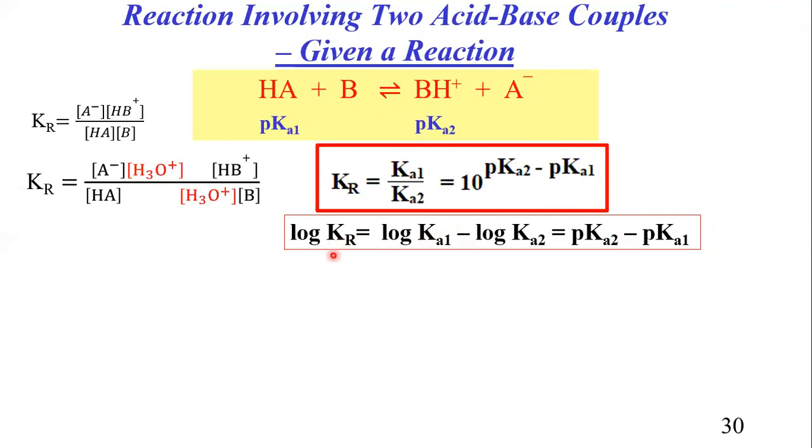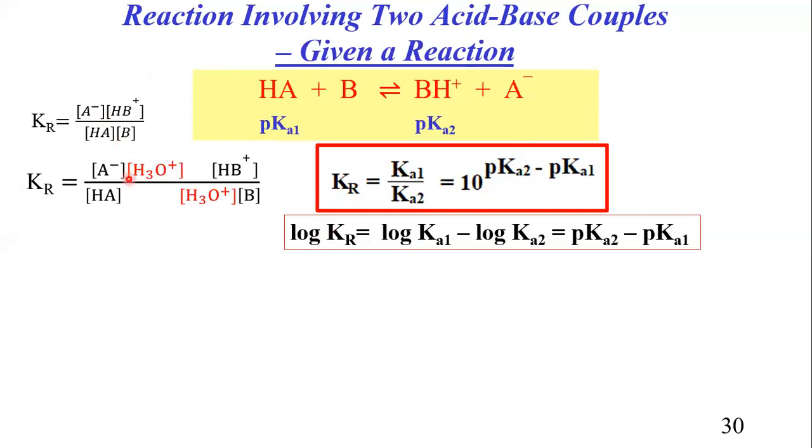Take the antilog of this, that means that Kr is 10 to the power pKa2 minus pKa1, which is the pKa of the product minus the pKa of the reactant, the change in pKa values, product minus reactant. And so 10 to the change in pKa is also equal to the Kr.